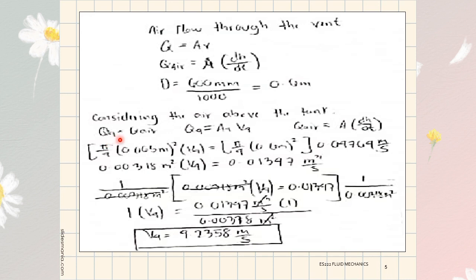So Q vent is equal to Q air. Q vent is equal to A4 times V4, and Q air is equal to A times dH over dt.